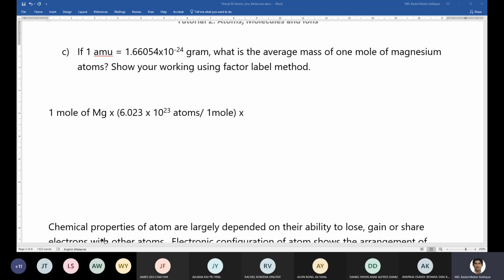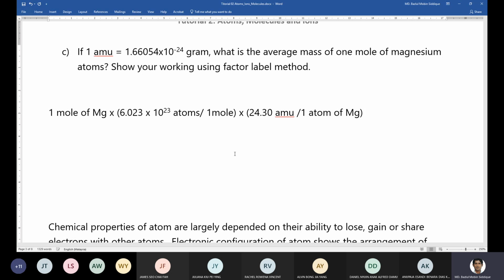Now we have to find the average mass per atom. 1 atom of magnesium is 24.30 AMU, divided by 1 atom of magnesium.